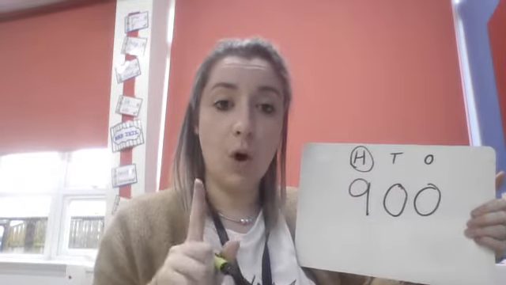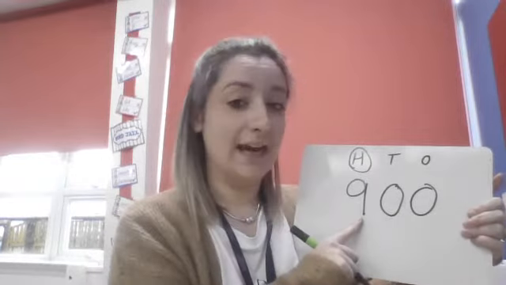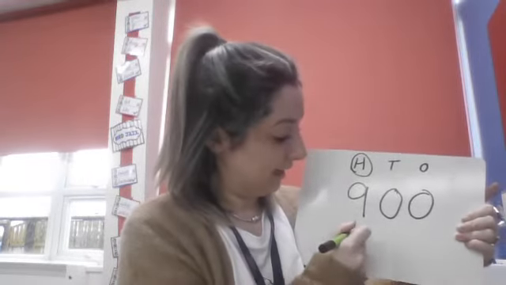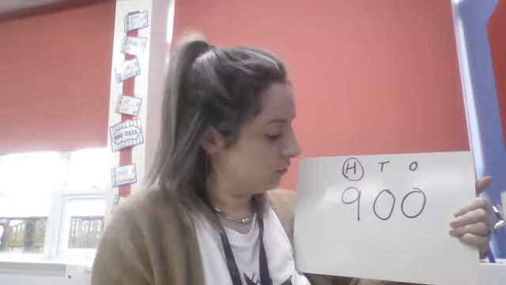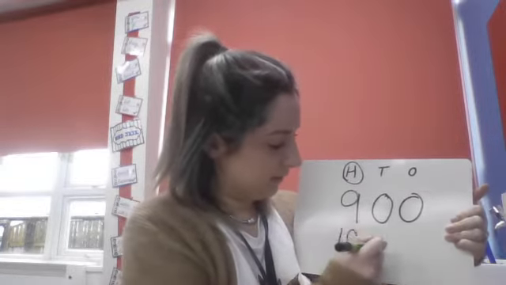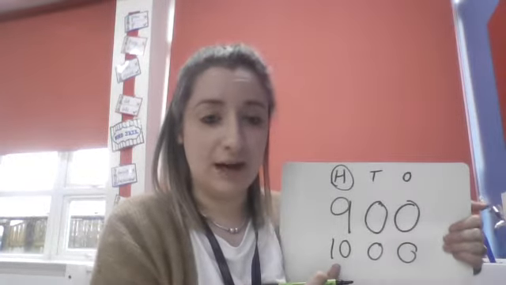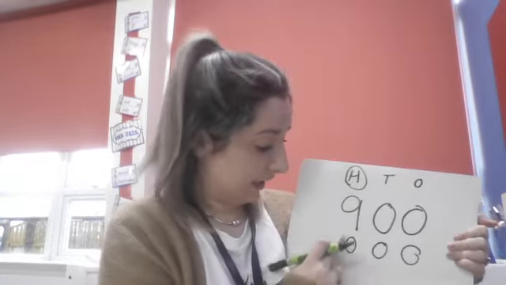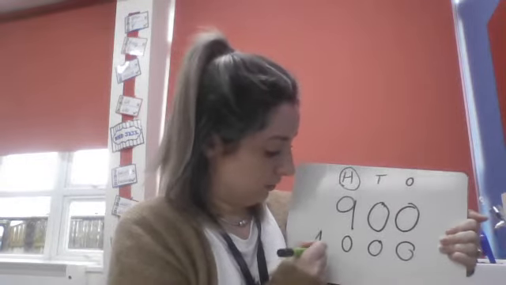Now I only want 100 more, so I just need to add 1 more 100 onto my 900, which would make 1000. Is 1000 a word? Could I put 1000? Well, I can only have 1 digit in my hundreds column, so my 0 can go there, but now I've got an extra column.